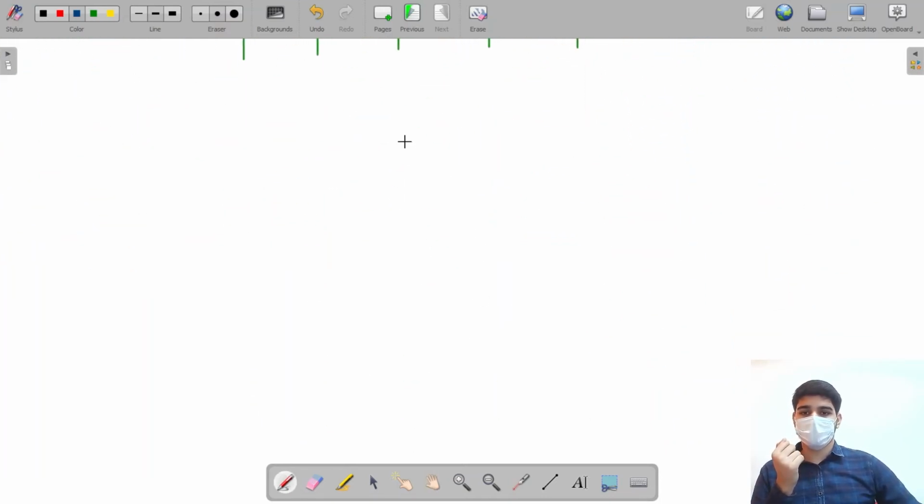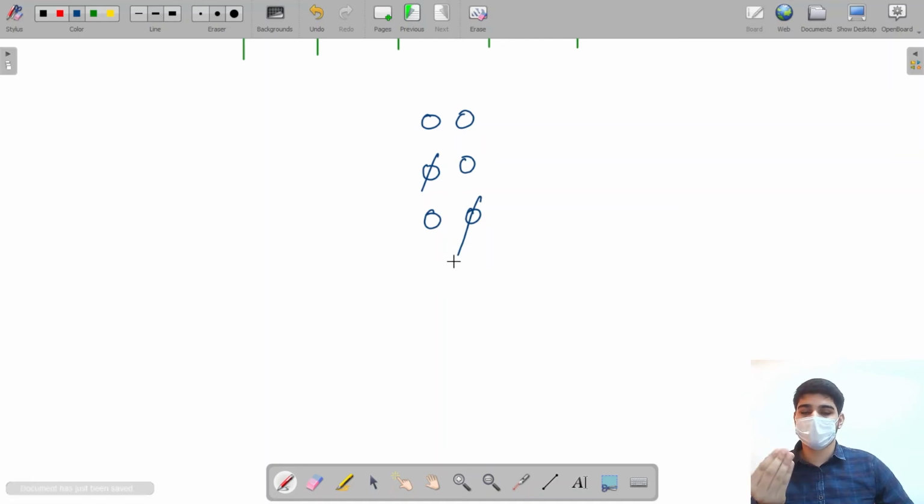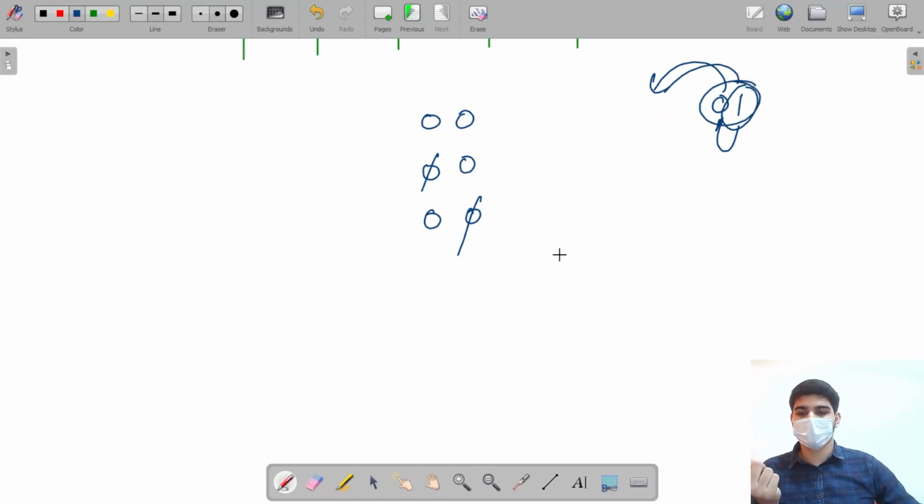That means I have to handle the case when I am 0 and my previous was also 0, the case when I am 0 but my previous was non-zero, and the case when I am not 0 but my preceding was 0. When my preceding was 0, if you remember when it was 0 1, I could not make any call from 0 1. So when my preceding is 0, I can only make the call for 1, this place. I cannot make a call as 0 1 whole, right?